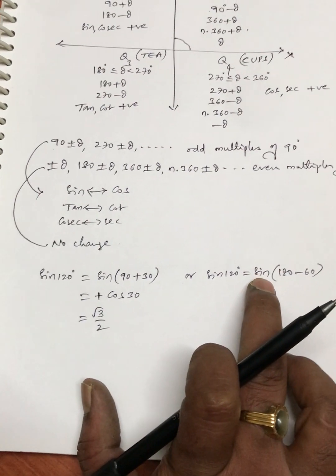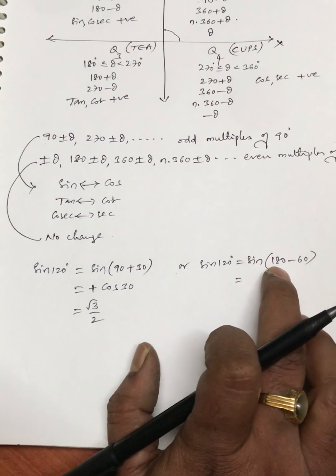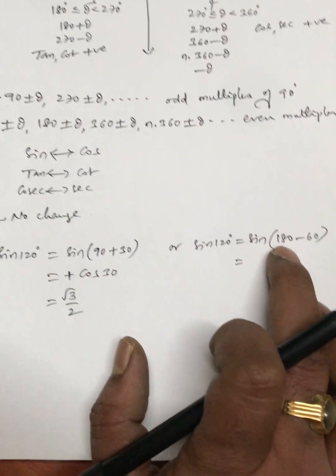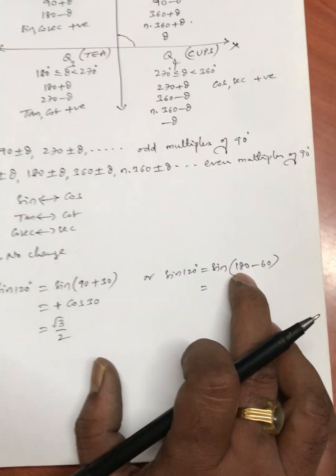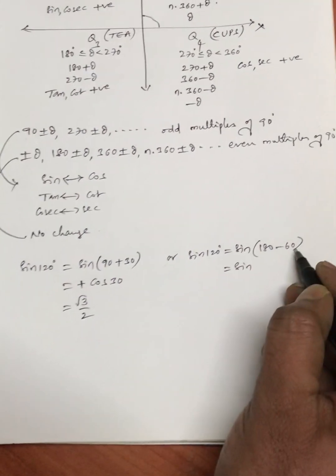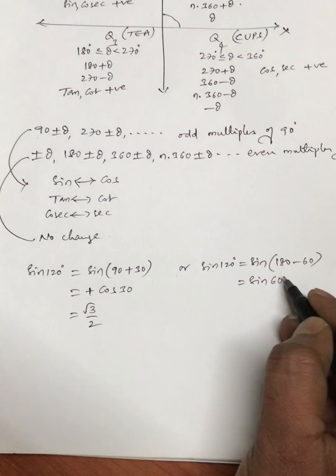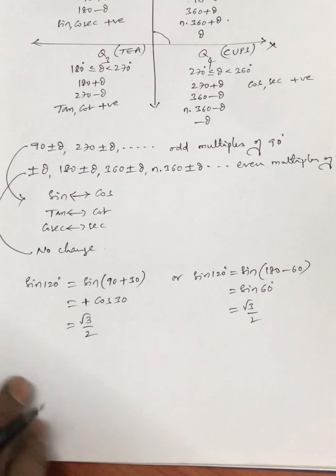In the second quadrant, is sine positive or negative? Positive. And this is an even multiple of 90. 180 means an even multiple of 90. For even multiples of 90, the ratio will not be changed. That means sine will be as it is. Now sine theta, in place of theta, 60 degrees. And we know sine 60 is root 3 by 2.